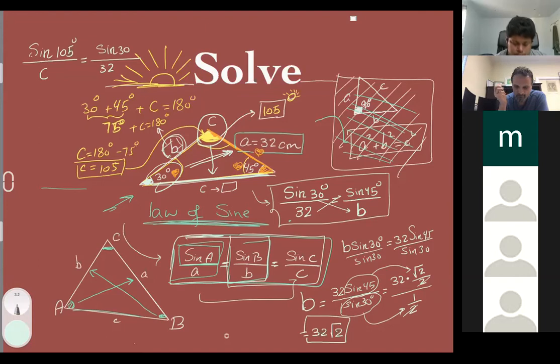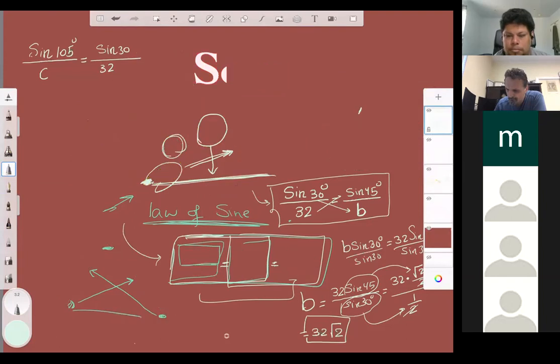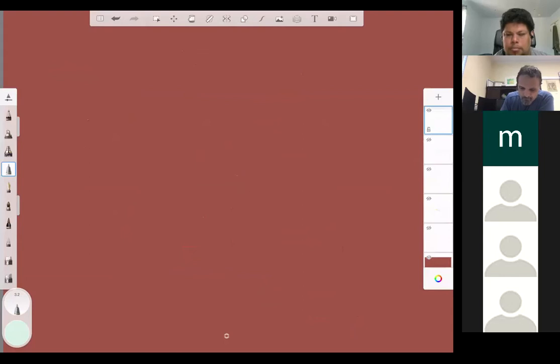Now if you want to solve this, we had sine of 105 divided by c equal to sine of 30 degrees divided by 32.